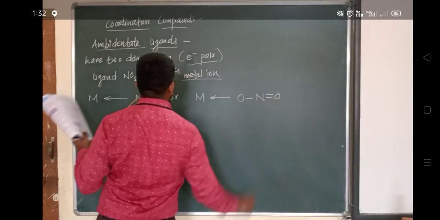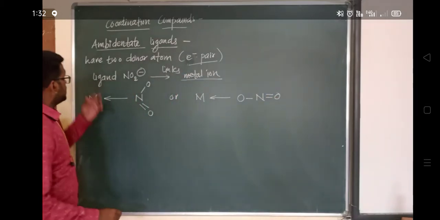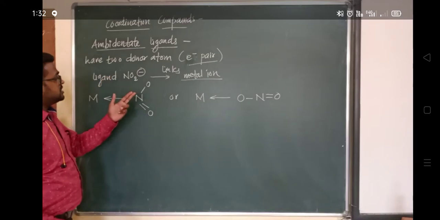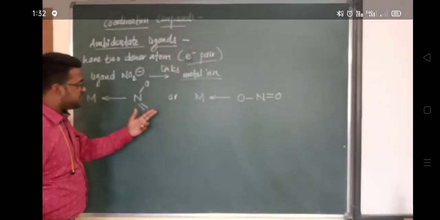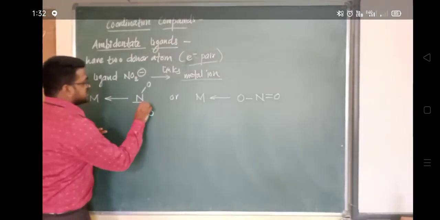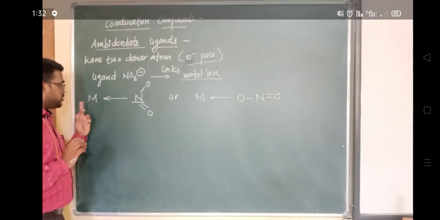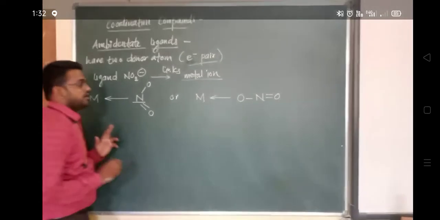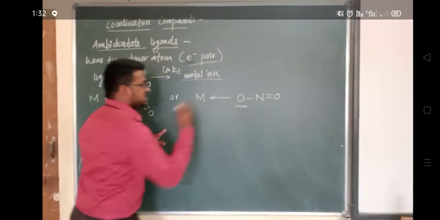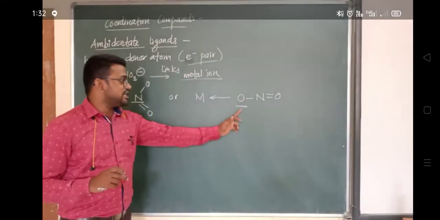Have a look at this. Ambidentate ligands are ligands in which either this nitrogen will donate its electron pair to this metal ion, or this oxygen may donate its electron pair to this metal ion.